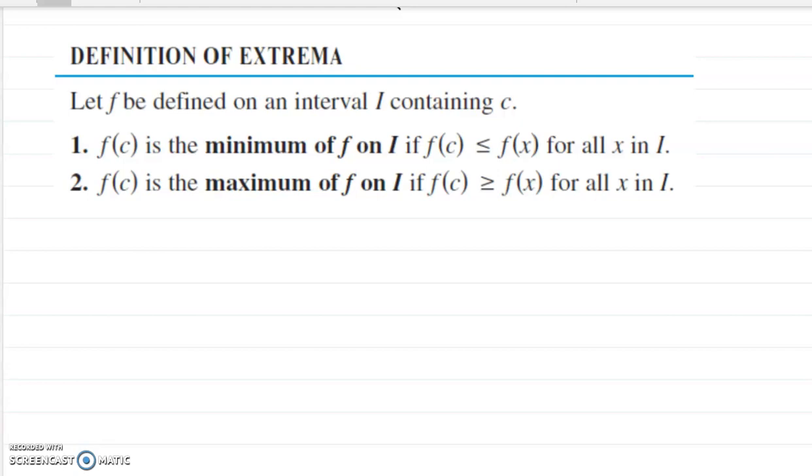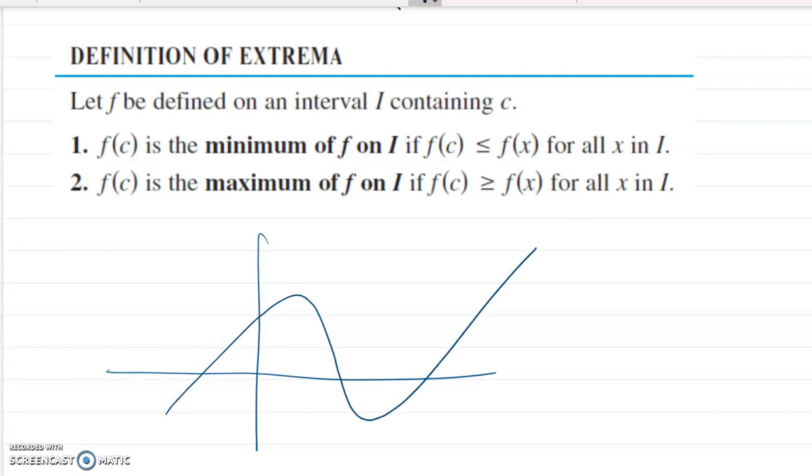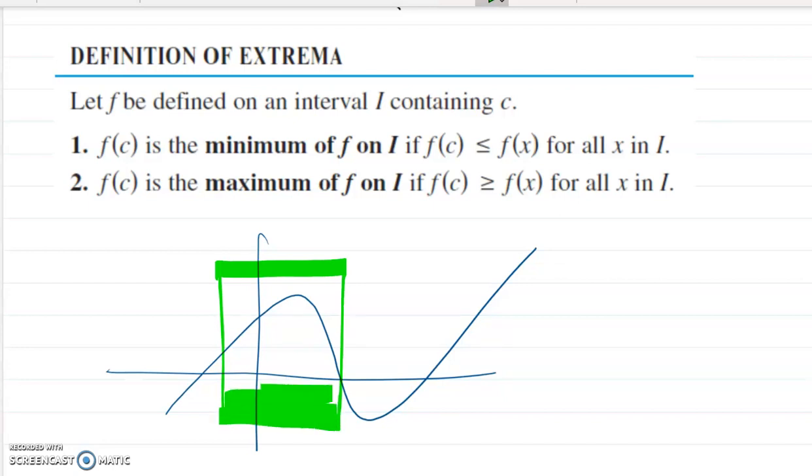Okay, so I'm going to draw another random graph again. I'm going to make something like this. Then I'm going to define the interval here. So this is our given interval.